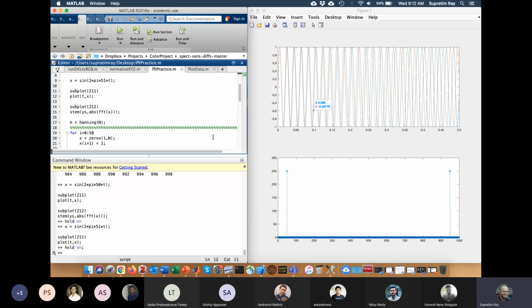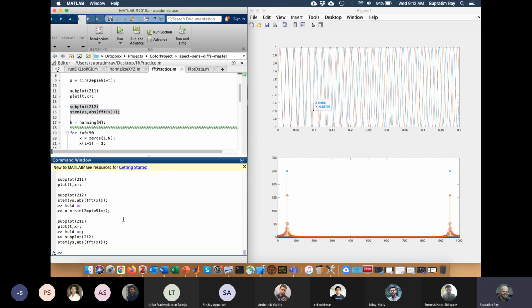So can I create a 51 hertz sinusoid using all frequency components between 0 and 1000, which doesn't have 51? Sure, I can do it, but I'll need a lot of frequency values. Now, if I look at the 51 hertz sinusoid, this is how it looks.